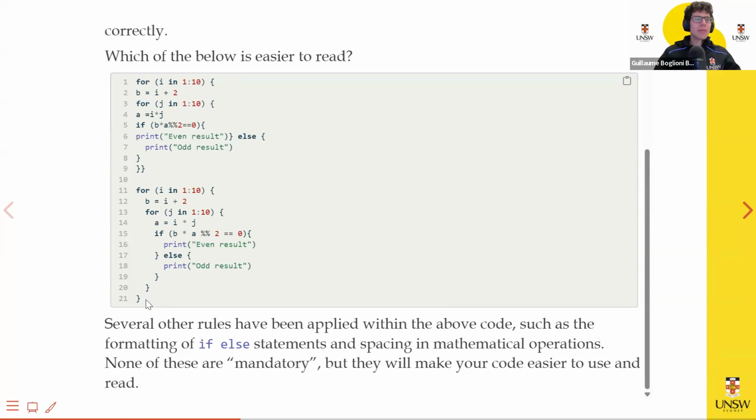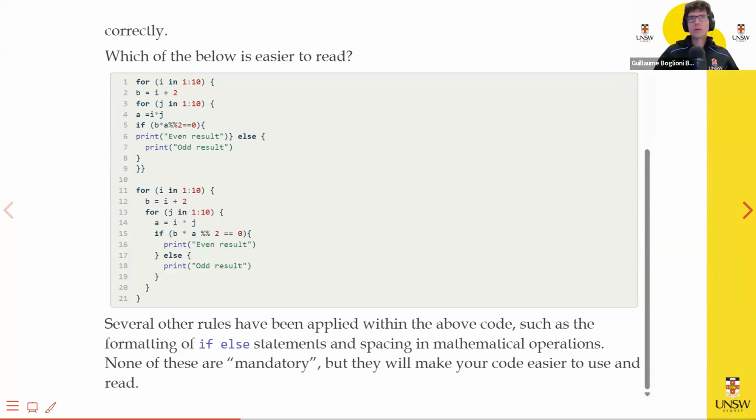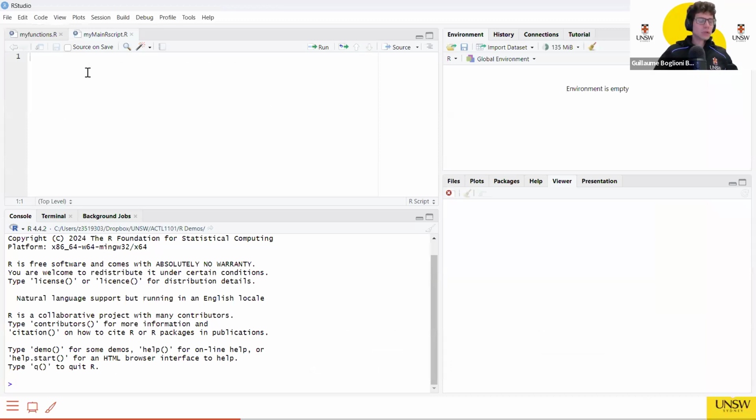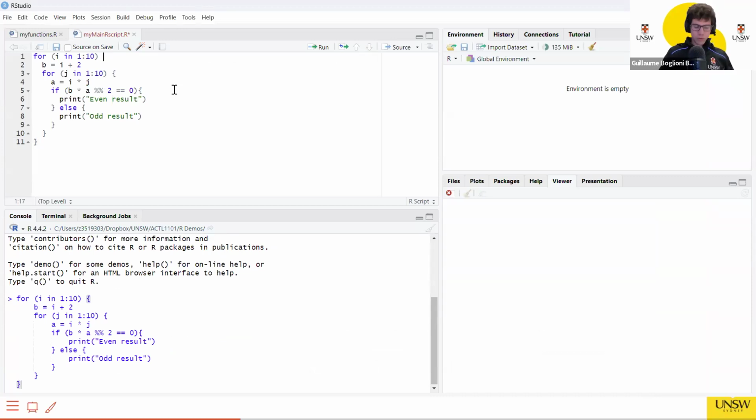And maybe I can show you, I think this point is made later, but let me show you in RStudio that RStudio actually highlights a brace when it's open or closed, to help you keep track as well. So let me just show you, I have an empty R script here. If I copy paste here in my script, you see this, when I create it, it's going to highlight the last one.